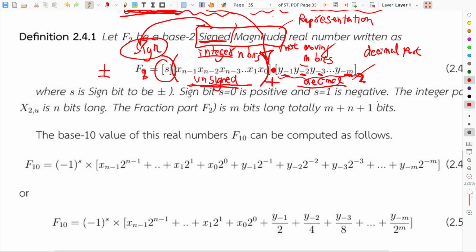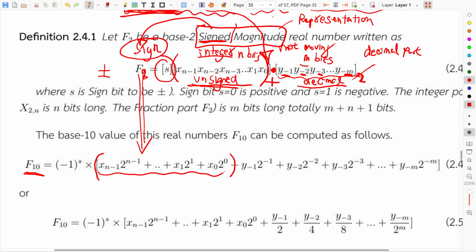Alright, so we can convert this base 2 to a base 10 number. How? We visualize this part as unsigned, as I mentioned, and the rest is the decimal part, which is unsigned as well.